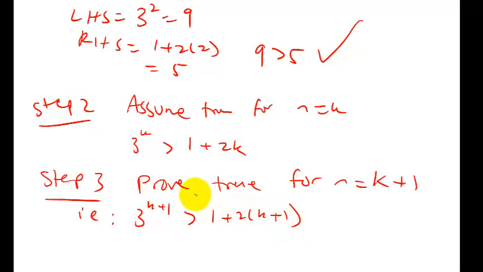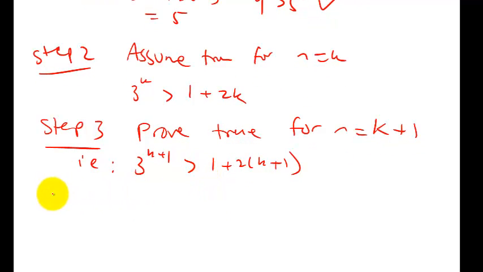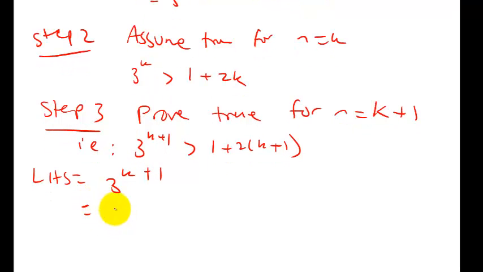Okay, here's where the fun part begins. So let's do the left-hand side. That gives me 3 to the power of k plus 1. That equals 3 to the power of k times 3. Correct? 3 to the power of k is greater than 1 plus 2k.